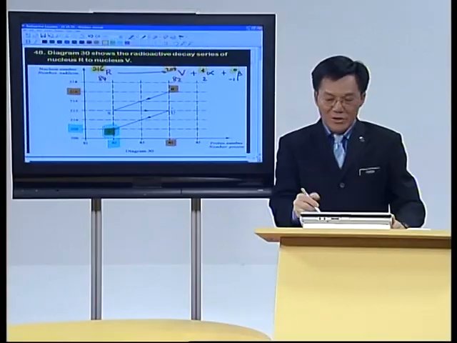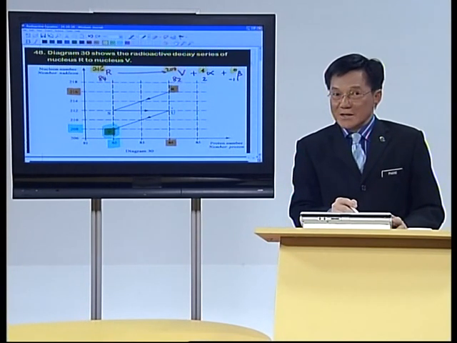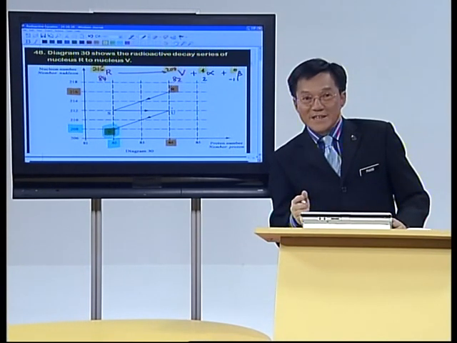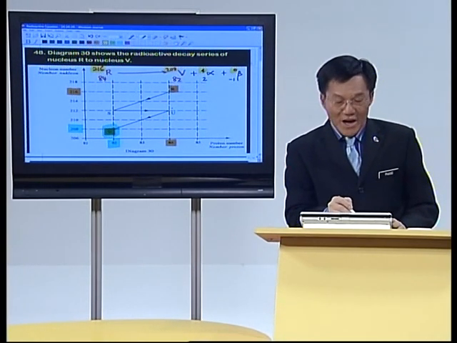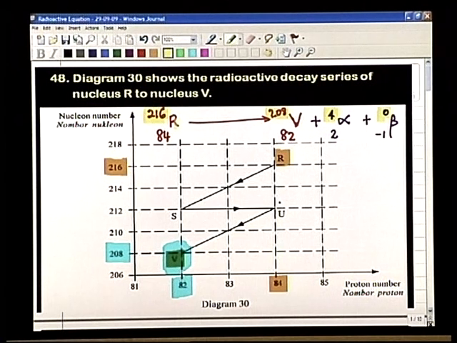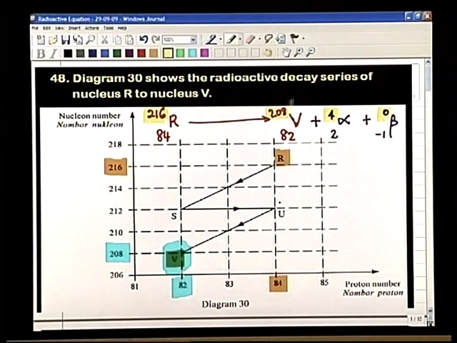Okay, just look at the nuclear number. On the left-hand side of the equation, it must balance the right-hand side of the equation. I have 216 for R. So the total on the right-hand side, it must be equal to 216. For V, I have 208.